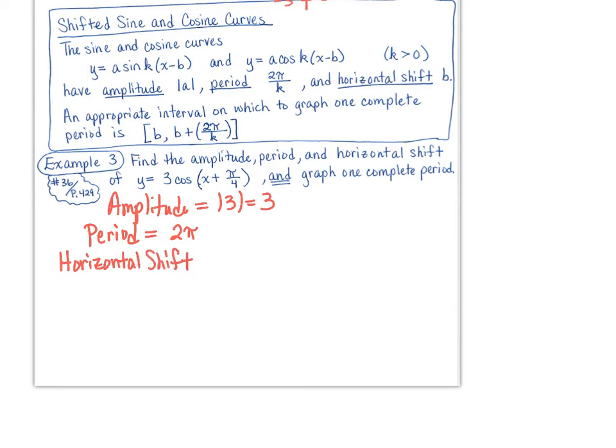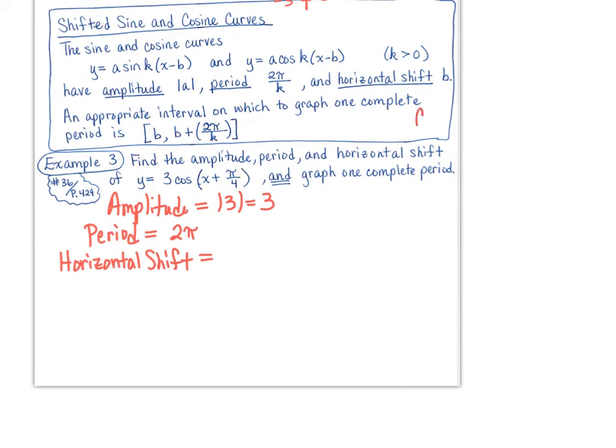Notice that it's given to you as x plus pi over 4 on the inside. You're right, you're going to shift it to the left pi over 4. That's what's happening graphically. But we need to be able to write down the actual angle. So notice that here's x minus that. Because it's plus, that means we're subtracting a what?